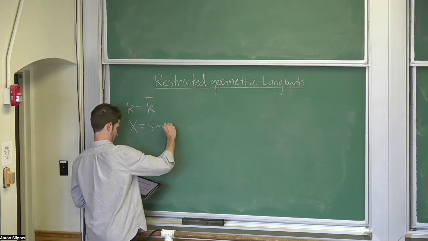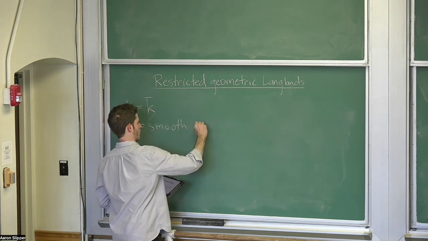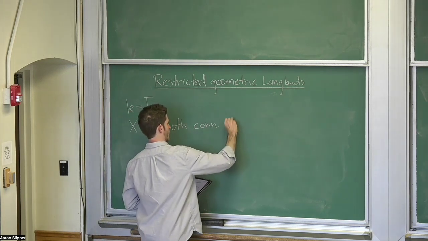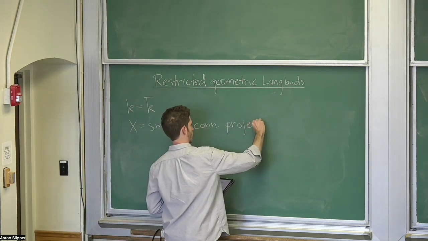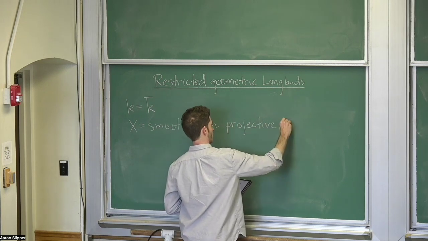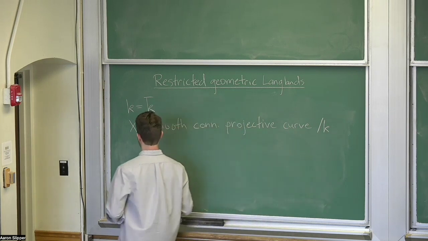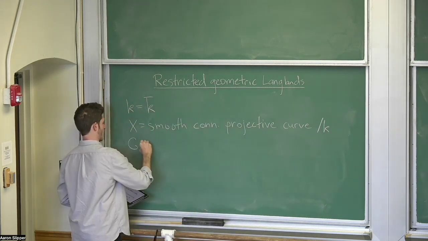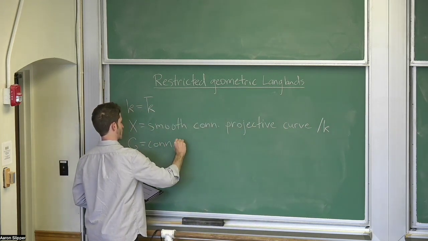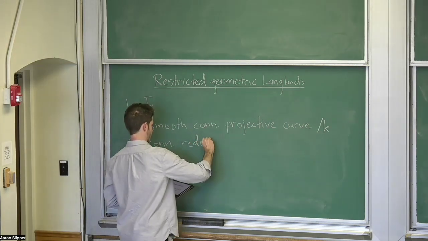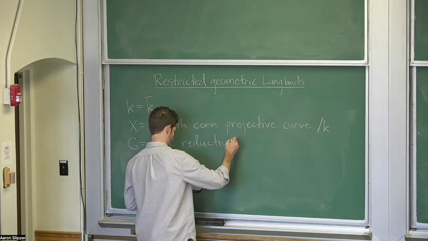X will be a smooth connected projective curve over the ground field. G will be a connected reductive group. Of course, as I assume K is algebraically closed, it doesn't have to split.